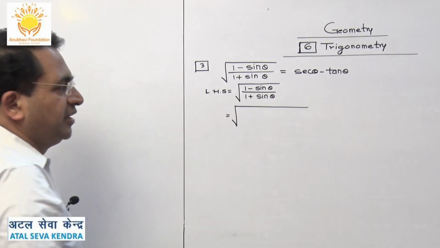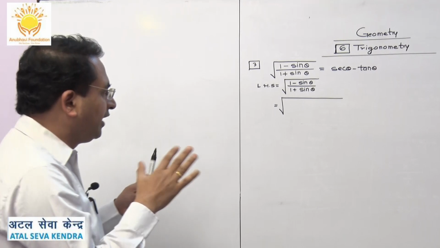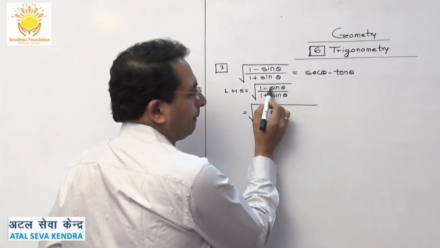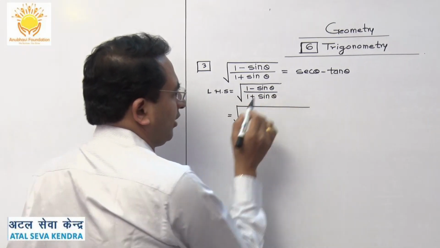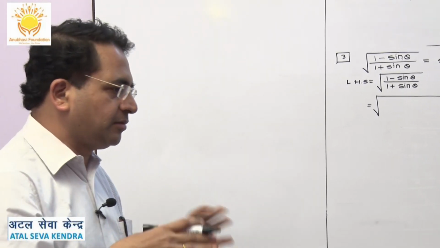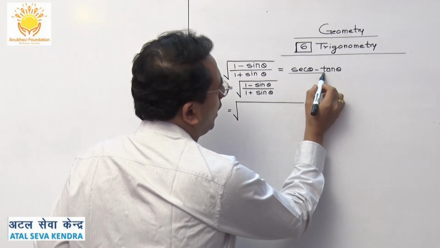Now, there are 2-3 questions like that in the textbook, for which I am giving you a hint. There is a fraction here, and on the right side we don't want this square root sign. So definitely that square root sign needs to be removed by some mathematical application. And we want upon 1 here.